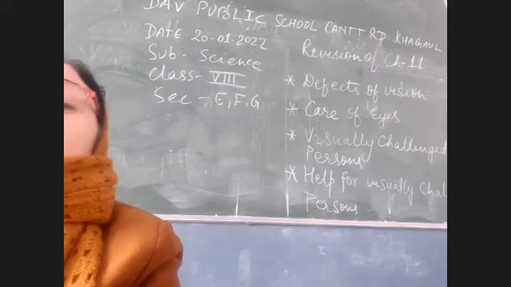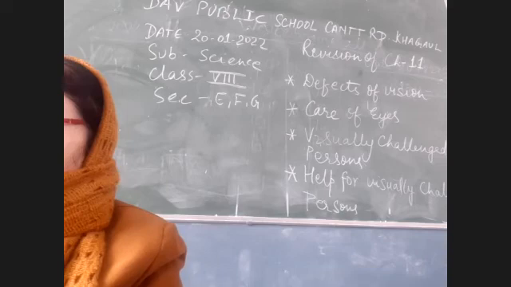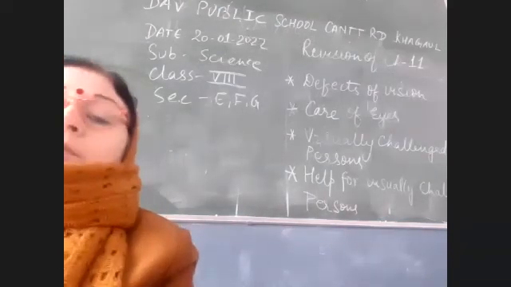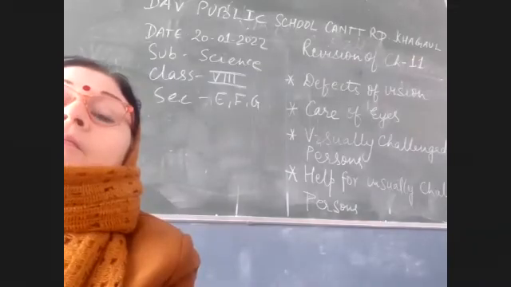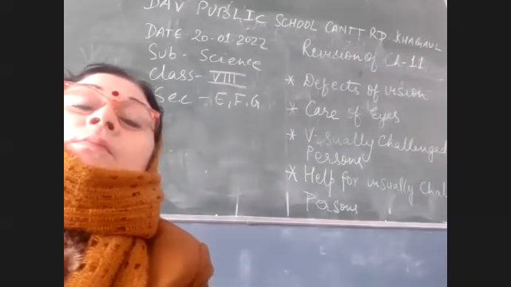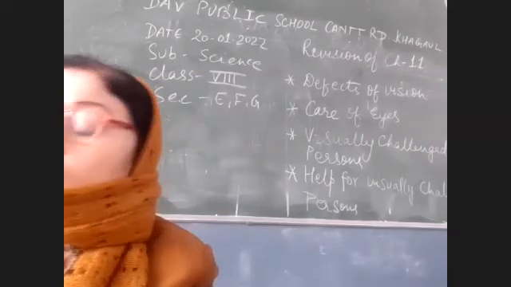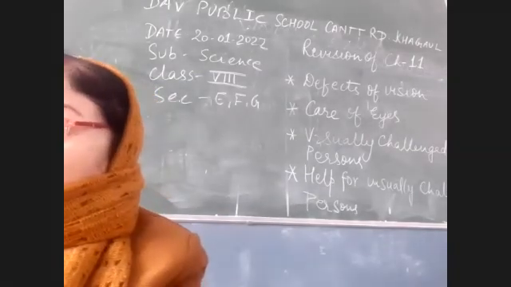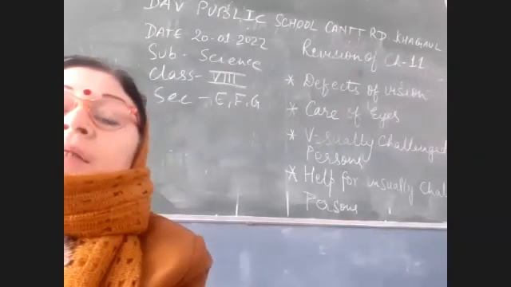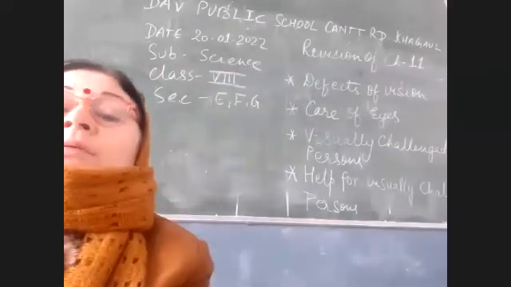It is also known as nearsightedness. What is its cause? Due to the elongation of the eyeball or a problem in the eye lens. Excessive curvature of the cornea.